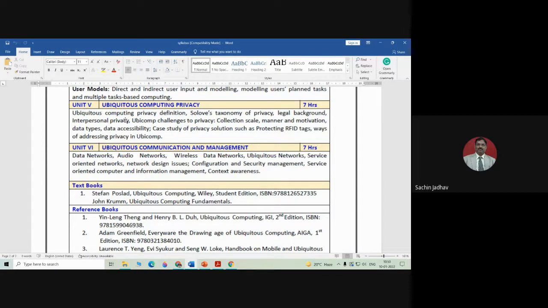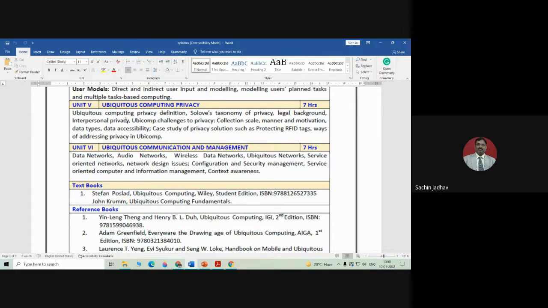So based on that, these services need to be maintained, right? Then there are different kinds of network design issues, the issues related with how to configure and maintain security of the networks. Then how to manage the information associated with those networks. Okay, so service-oriented computing and information management has to be maintained, and the concept of context awareness is there.